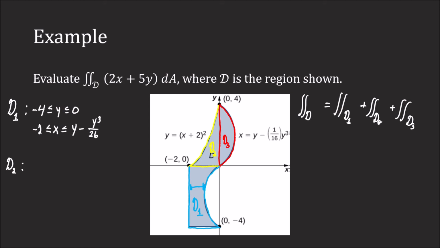D2, let's now say, is vertically simple, right? So x will go from -2 to 0, and y will go from 0 to this curve here, which is x plus 2 squared.